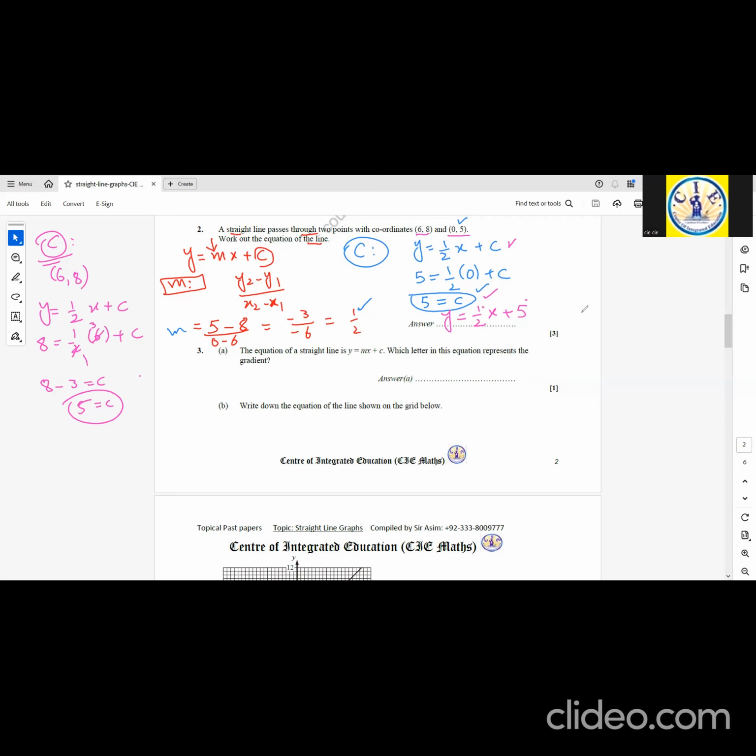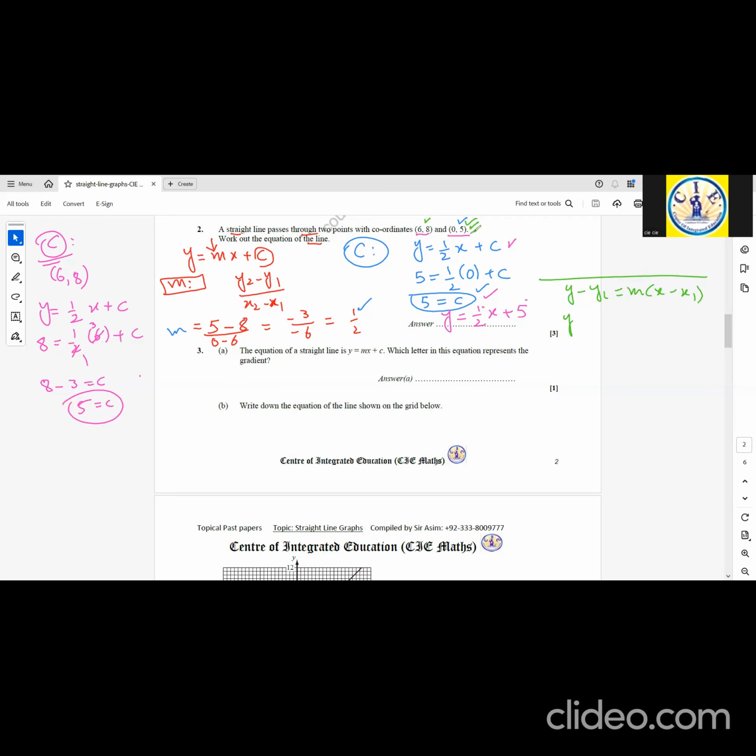And even after this, we can solve this question in another way as well. Once we have got the value of m to be 1 by 2, then I can use y minus y1 is equal to m times x minus x1. In this equation, I can replace any of these two given points.